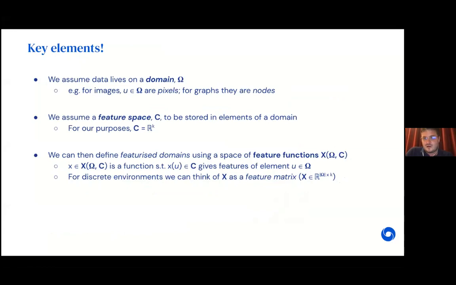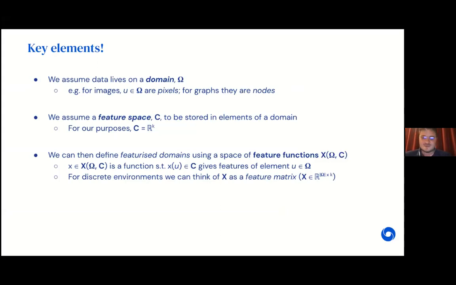So before I dive into the elements of formalizing this blueprint, I'm going to just introduce some mathematical notation to make sure that we're all on the same page with the notation I'll be using. So we're going to assume that our data lives on a certain domain omega. And for example, if we're looking at images, different elements of omega are going to be pixels. If we're looking at graphs, different elements of omega will be nodes.